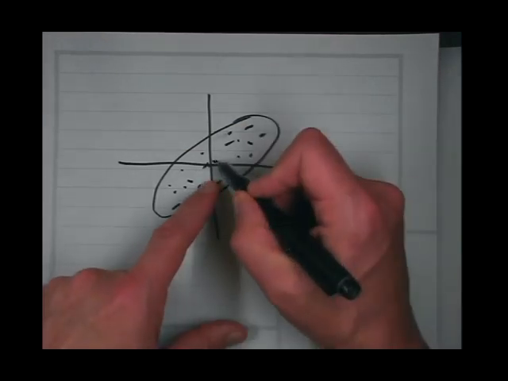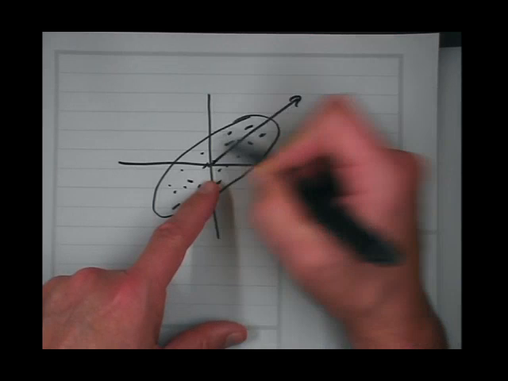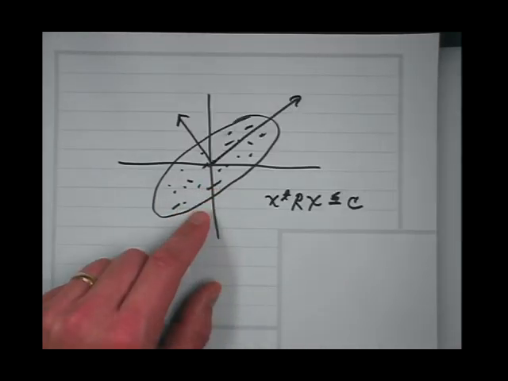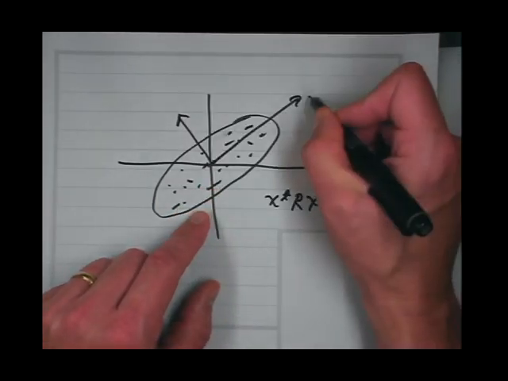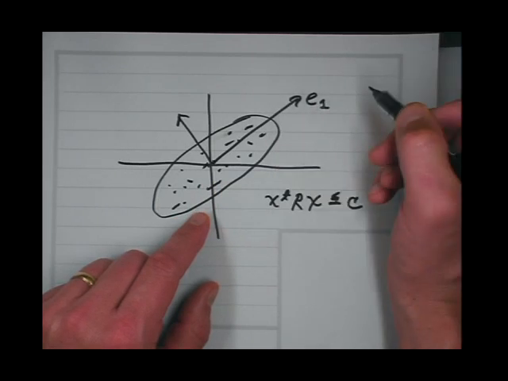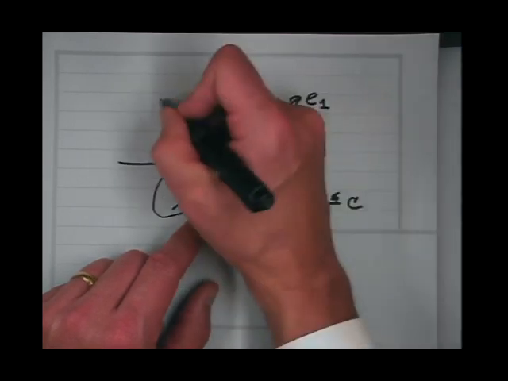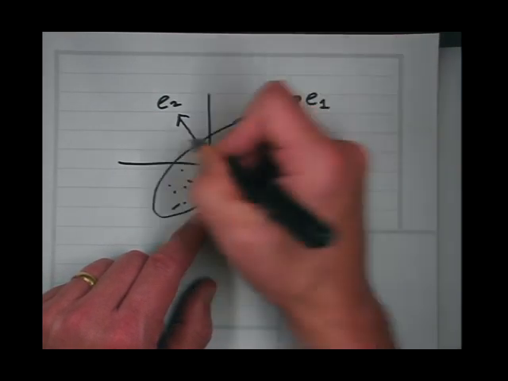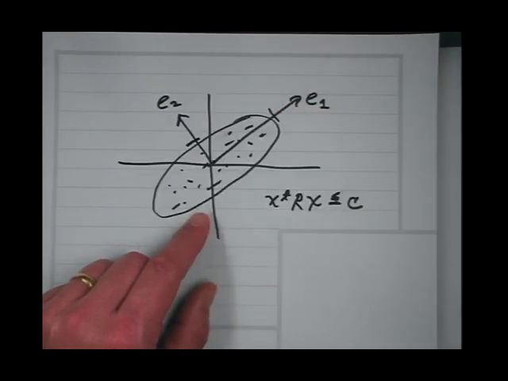This ellipse will have 2 axes corresponding to the 2 principal components. This is the first eigenvector, the principal eigenvector, and this is the second eigenvector. The width here corresponds to the eigenvalues; it is actually the square root of the eigenvalue.